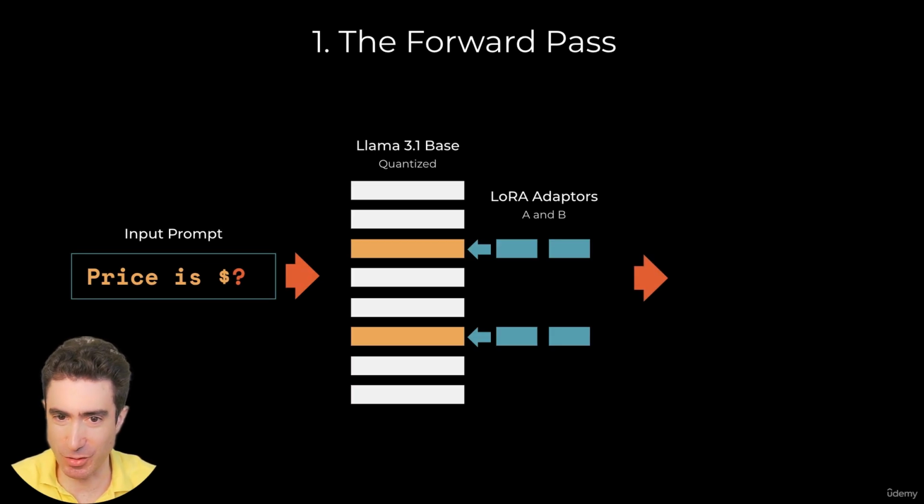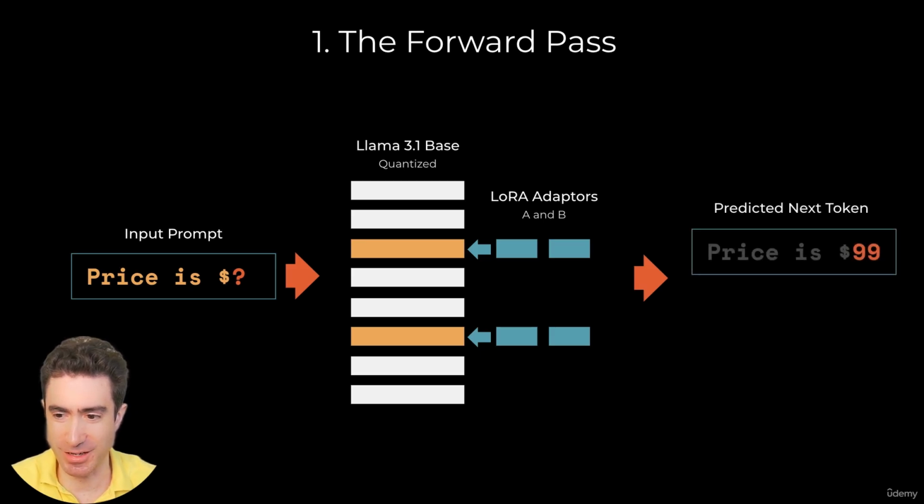And so that goes through the model, and what comes out the other side is a predicted next token. "Price is," and then 99. And again, because we're taking advantage of this simplicity of Llama 3.1, in fact 99 is just one token, and that will always be the case for any 3-digit number. That's not critical, but it does simplify things a bit for us. So that's the forward pass.